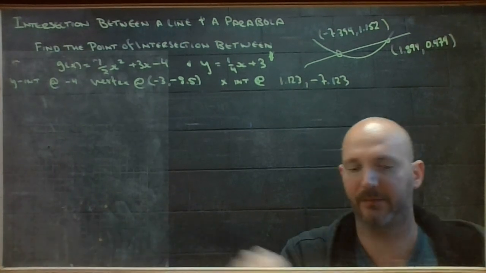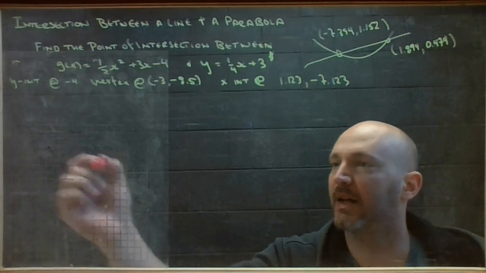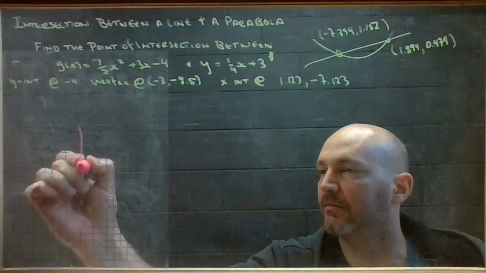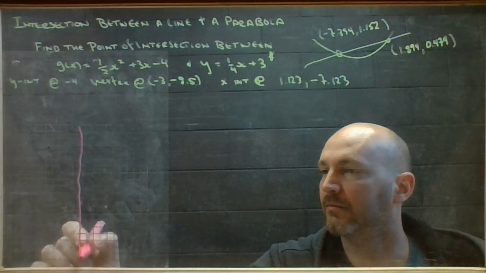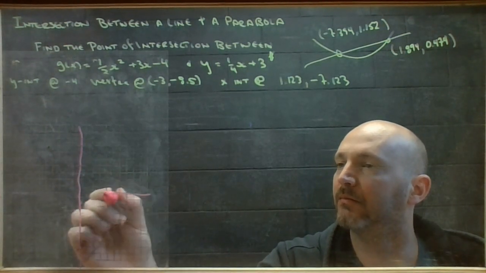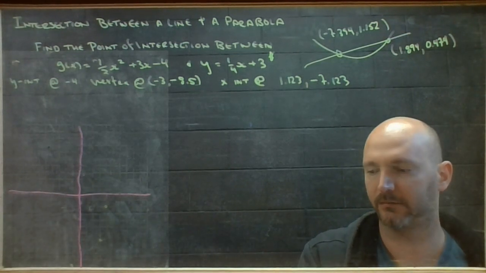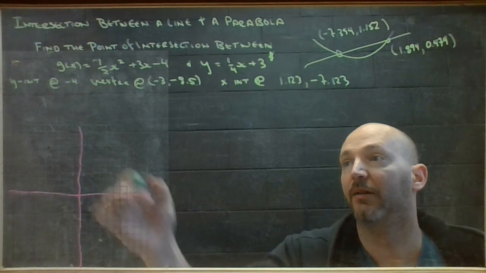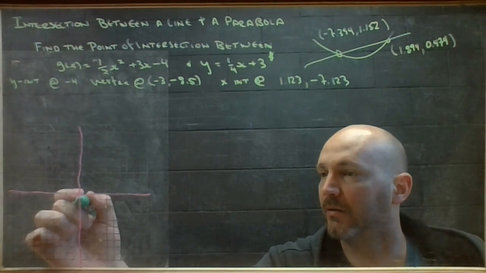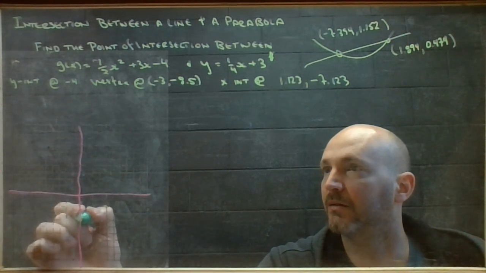There we go. Set up an axis. So y-intercept at negative 4, 1, 2, 3, 4.